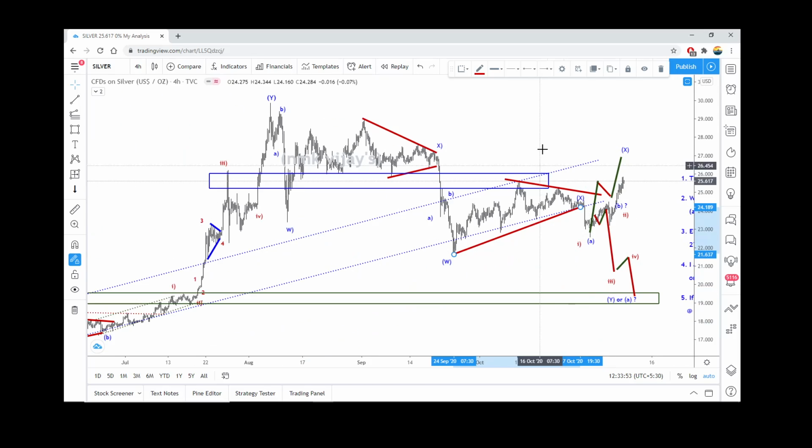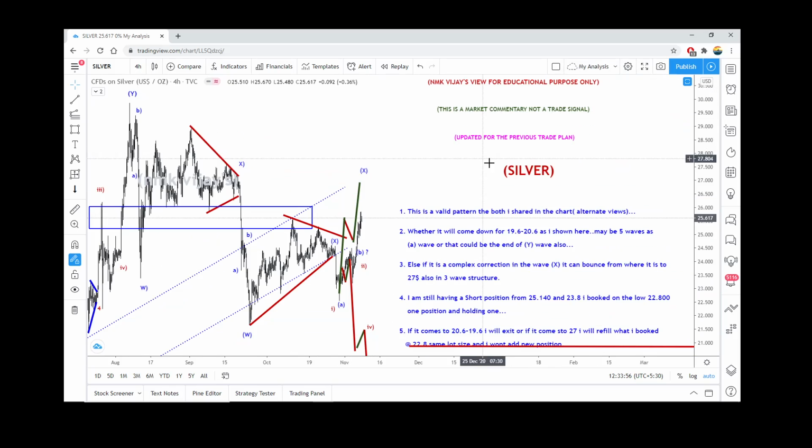And I said anything is valid here, don't force the chart, right?